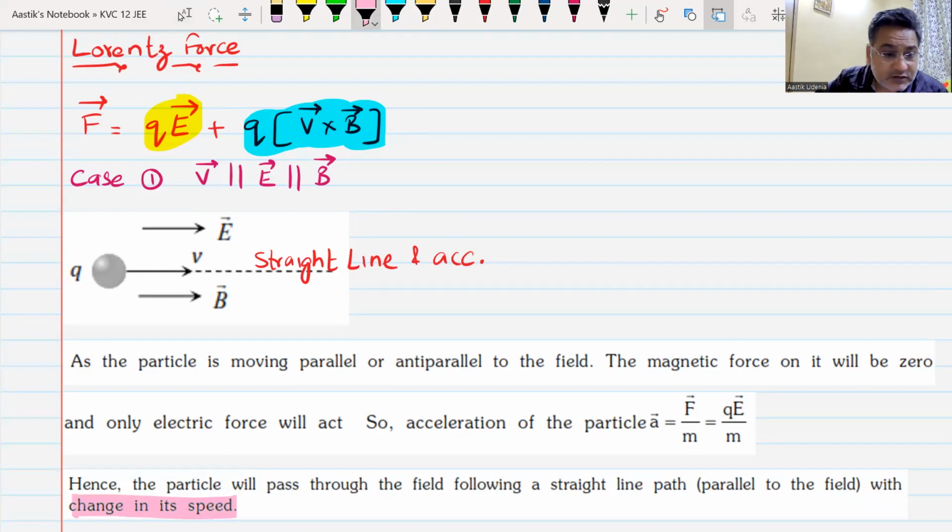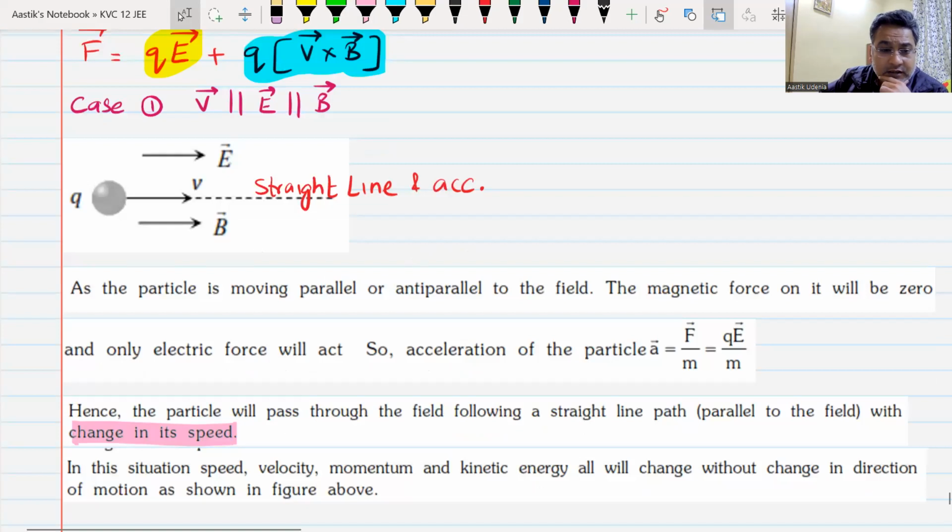We understand this? The momentum, speed, velocity, kinetic energy, all will change in magnitude, not in direction.